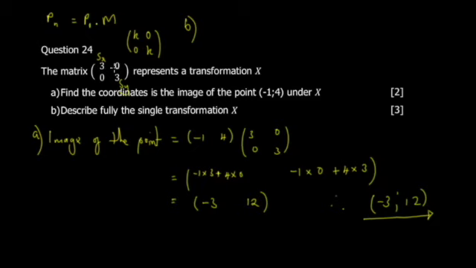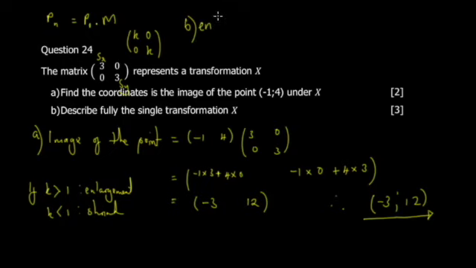So scaling can be a shrink or it can be an enlargement. If k is greater than 1, this means enlargement. Okay. If k is less than 1, this means shrink. Like this. So this one, it's an enlargement.